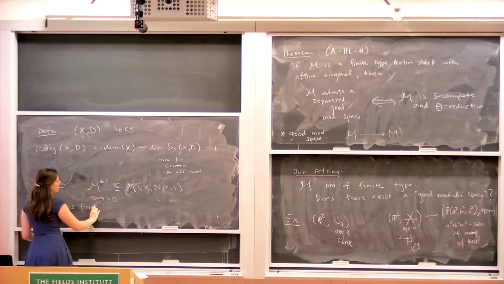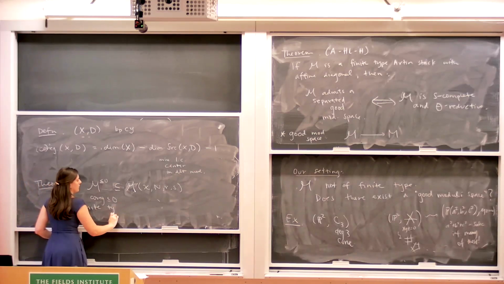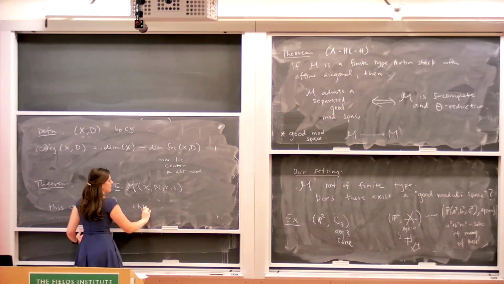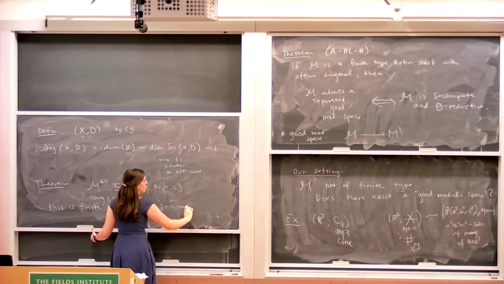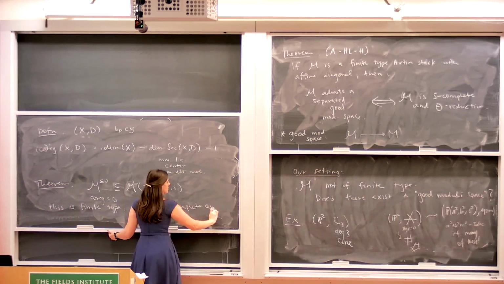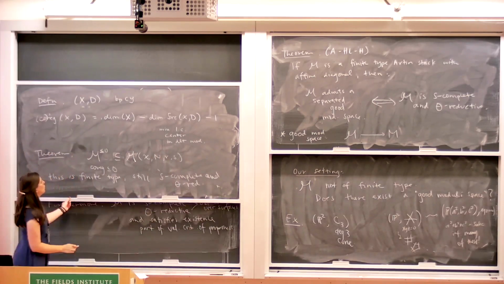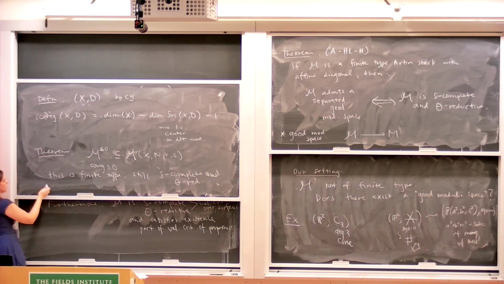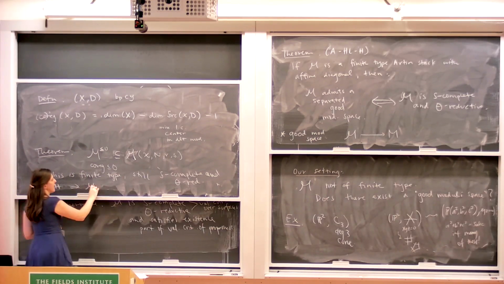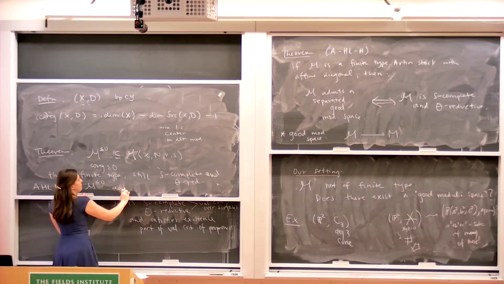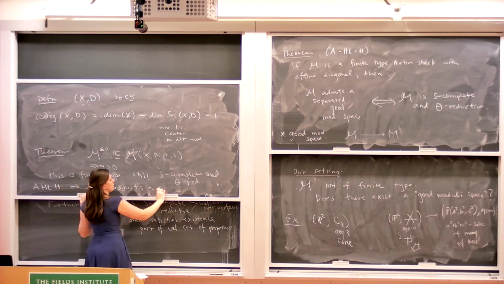And even though it's a substack, it is still S-complete and theta-reductive. So we prove this, and then we can just directly apply the result of Alper, Halpern-Leistner, and Heinloth, which just says that the M less than or equal to 0 admits a good moduli space.